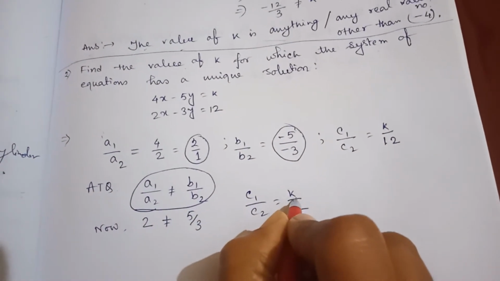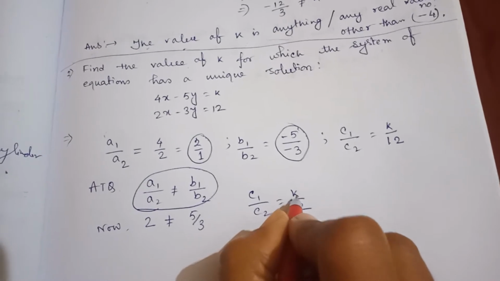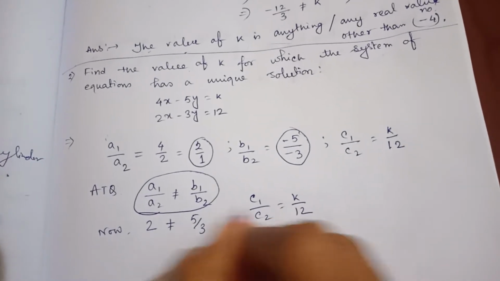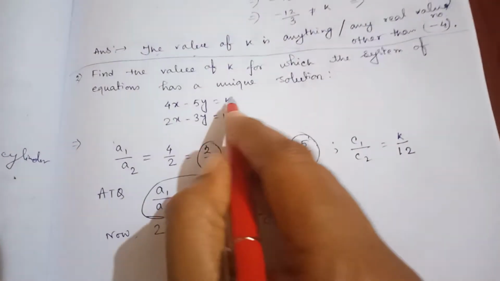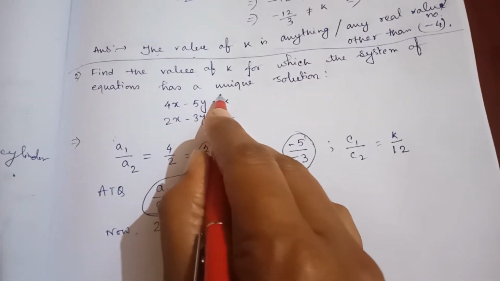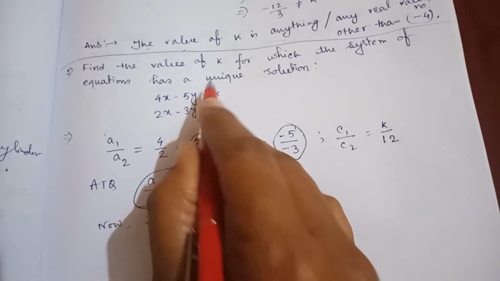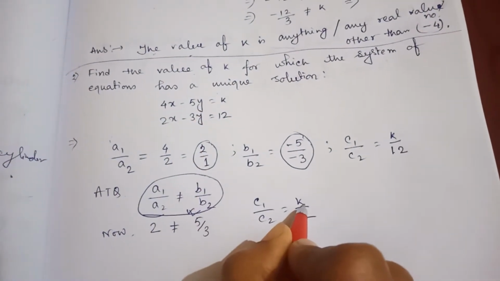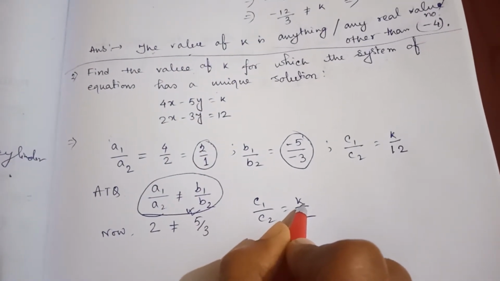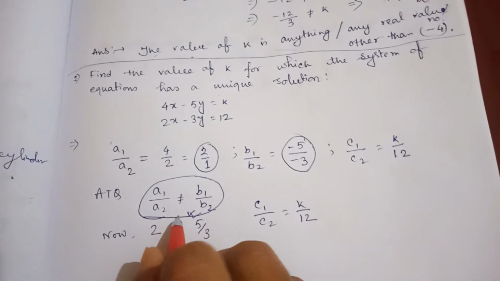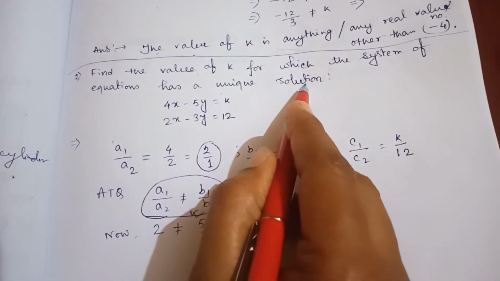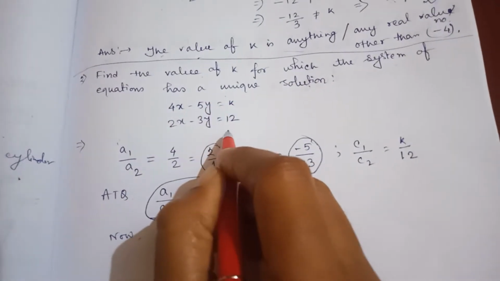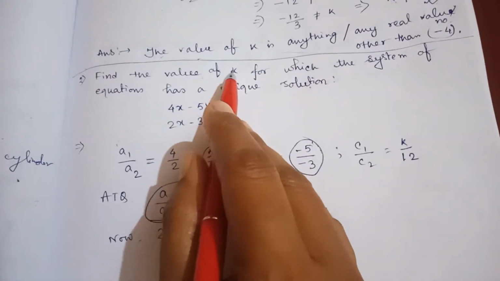Whatever you choose for k will not hamper this particular condition of having a unique solution, as any value of k will not hamper the unique solution condition. That means our answer line will be: k may have any real value.